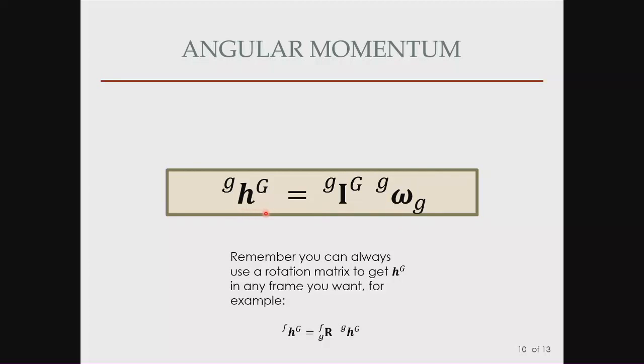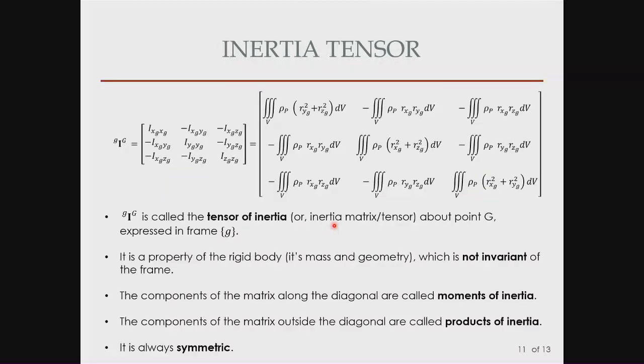So the only thing you're missing is how to get I in a different frame. But you can think about it. It's not complicated, and we'll come to it later.